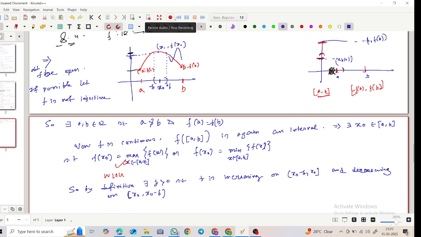That is clear? See, the function is increasing till this point and then decreasing. So before x naught f is increasing, after x naught f is decreasing.